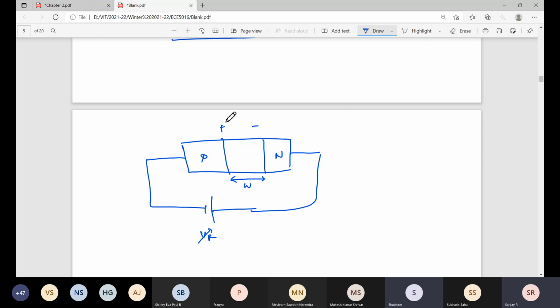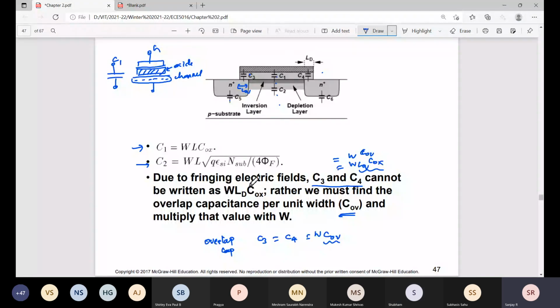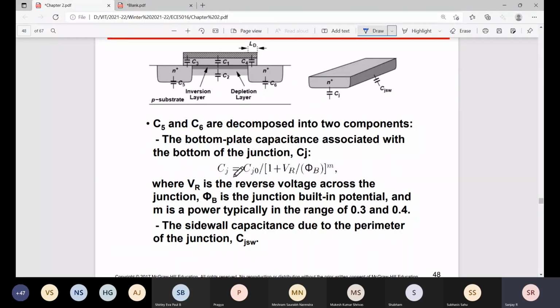Okay, you need to remember that thing. So the formula is CJ0 divided by root of 1 plus VR by phi_B. phi_B is the built-in potential, and VR is the applied voltage. That's all. You need to remember that increasing the voltage will reduce the capacitance. What is the built-in potential? It will be around 0.3 to 0.4.